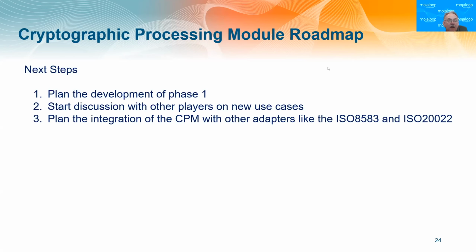And with that, there will definitely be new use cases that we will have to bring in to complete that integration. And then we'll see, as the ISO 20022 adapters carry on, how we can integrate those with the CPM to ensure that the system is still secure, complete from end to end. That may also bring up new adapters and new use cases as needed.